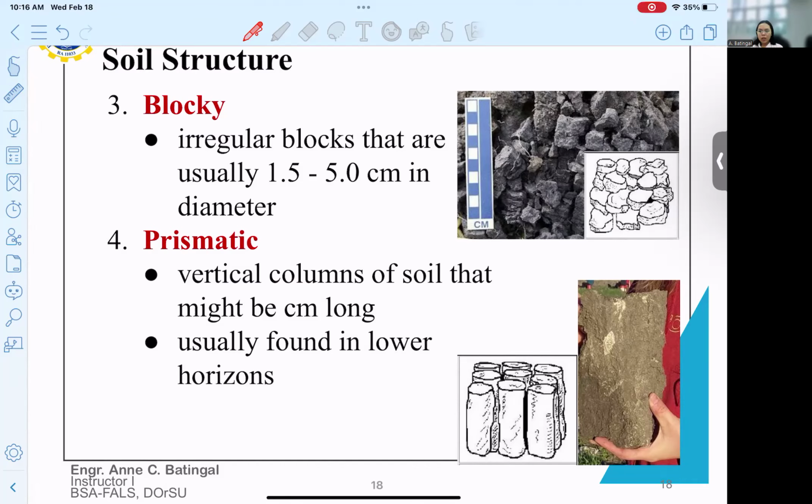Next is your prismatic type of soil structure. Prismatic is characterized to have vertical columns of soil that might be centimeters in long, usually found in lower horizons. So, usually found sa mga B and C horizons. So, these columns are shaped like prisms with flat ang iyang top.